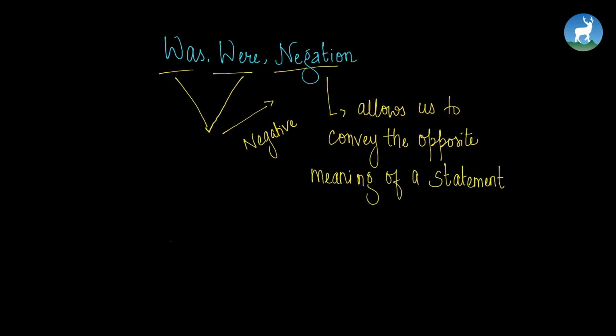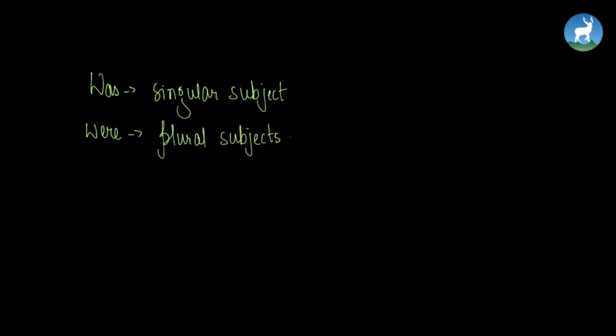And in context of was and were, the negation is formed by adding not after the verb. So we use was when referring to a singular subject. We use were while referring to plural subjects, and also with the pronouns you, we, they, and I.